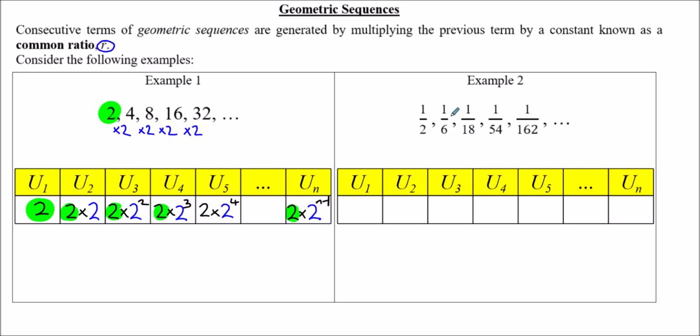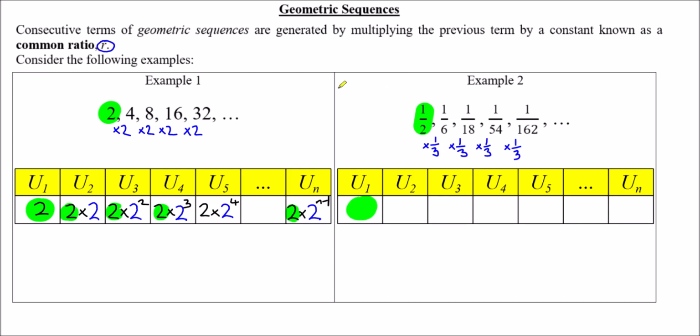So if we're dividing by 3, what's actually happening is we're multiplying by a third. Multiply by a third again, and so on, and so on.